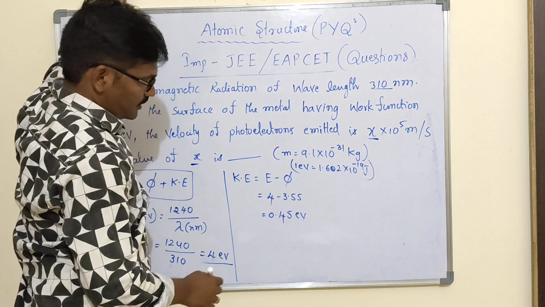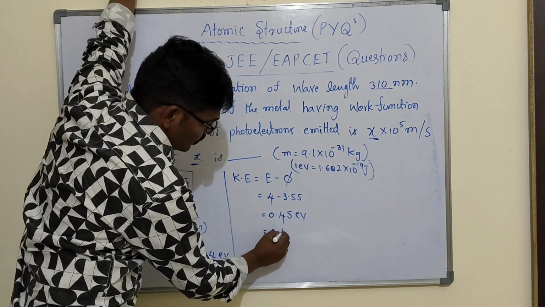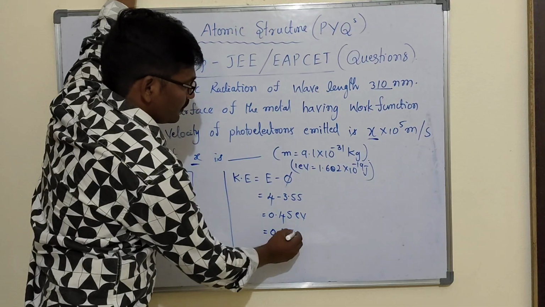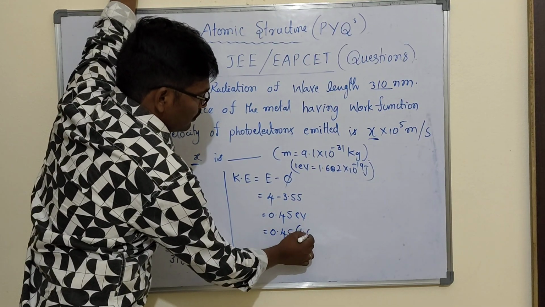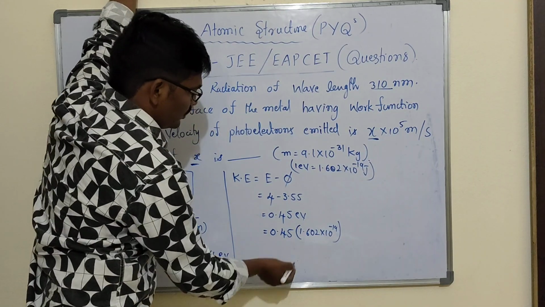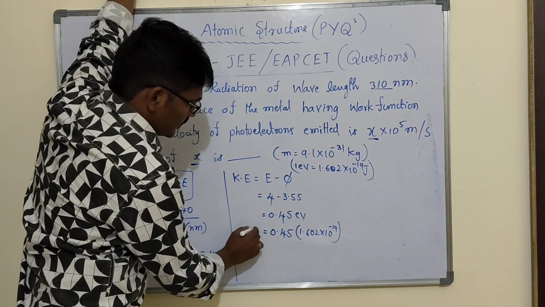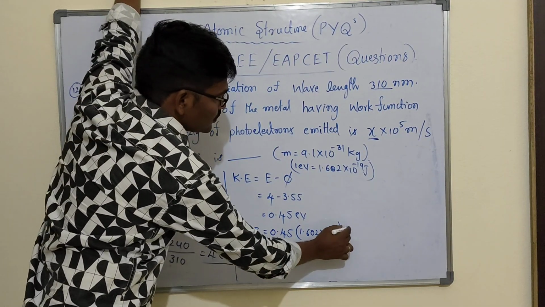So the kinetic energy in joules is 0.45 into 1.602 into 10 to the power of minus 19. This is the kinetic energy, which you can get in joules.